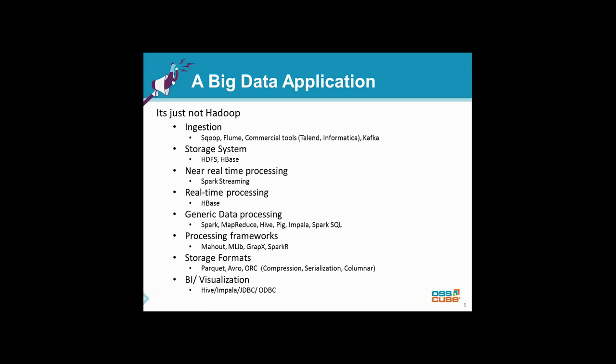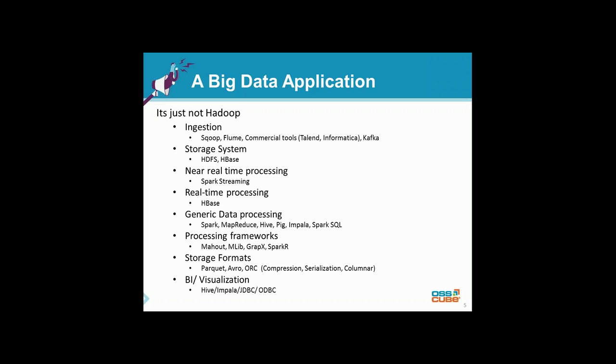So these are the options for generic data processing, and there are various processing frameworks for special data processing. For example, you want to do machine learning. I'm sure that some of you must have read about or done machine learning. You have some libraries that run on top of Hadoop MapReduce, or on top of core Spark. For example, Mahout is one such framework which can do machine learning on Hadoop MapReduce.